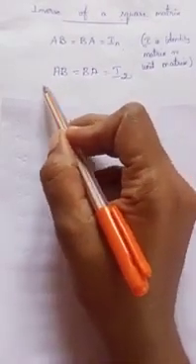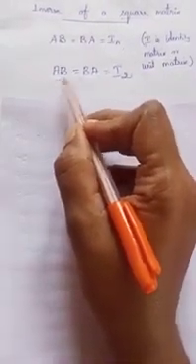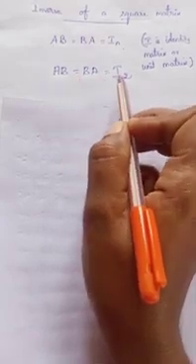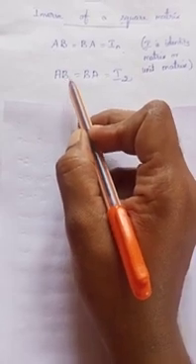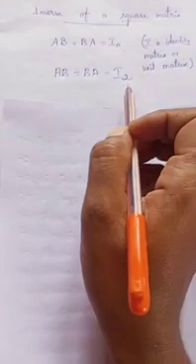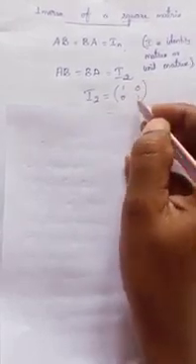So if the order is 2 and AB equals BA equals I 2, we can say that A is the inverse of B or B is the inverse of A. If it is I 3, it is of order 3. I 2, the identity matrix of order 2, is 1 0 0 1. I 3 is 1 0 0, 0 1 0, 0 0 1.